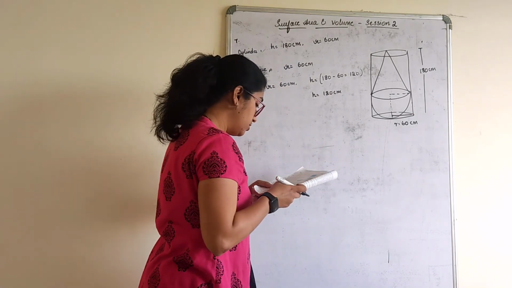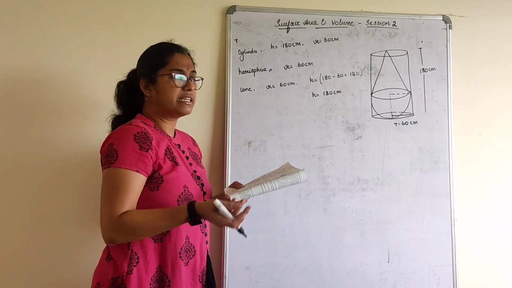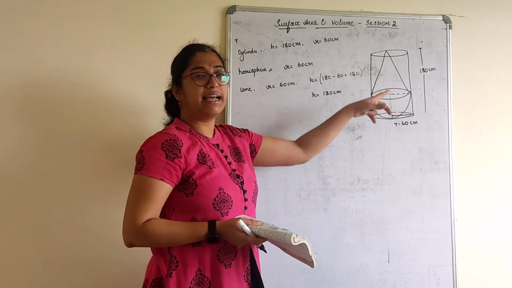Okay. So find the volume. Height of the solid they have already given you, but in case they have not given, we know how to find the height. Though they have given, still I have written it here.